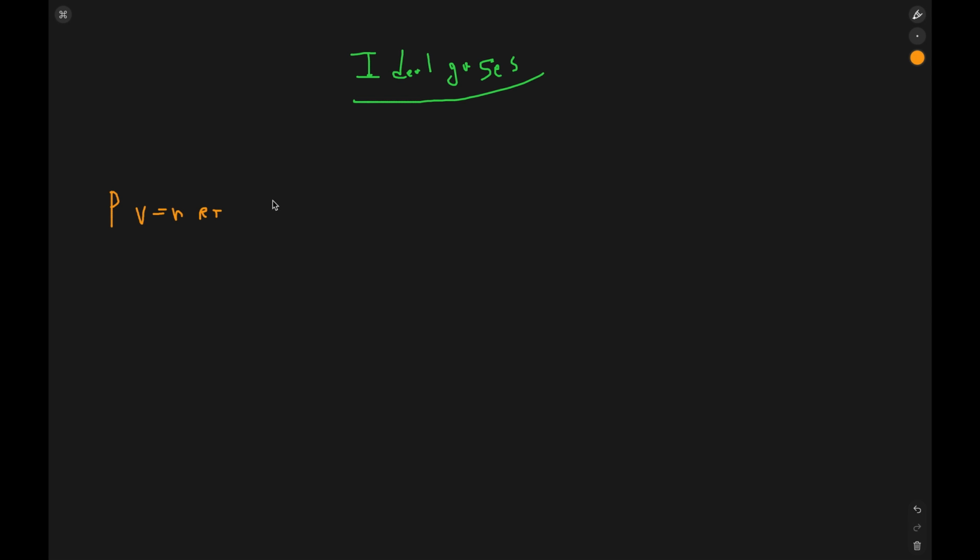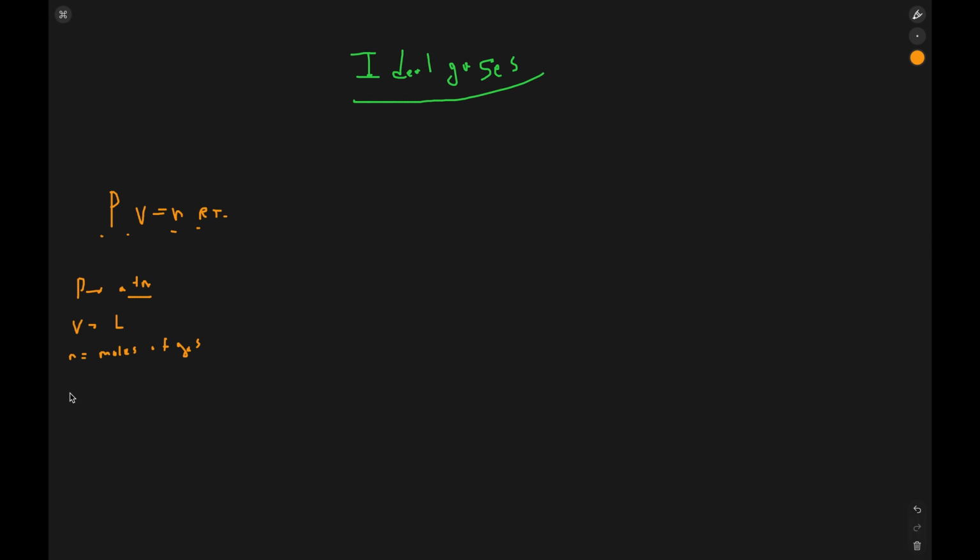Now, this can be used to calculate many things, such as the temperature, pressure, volume, moles, and even R. Now, P is pressure in atmospheres. Make sure it's in atmospheres. Now, volume is in liters. Has to be in liters. Now, n is the number of moles of gas that you have or you're looking for.